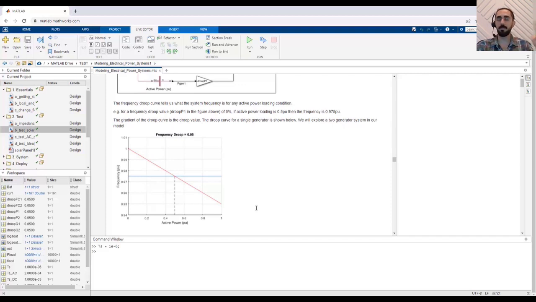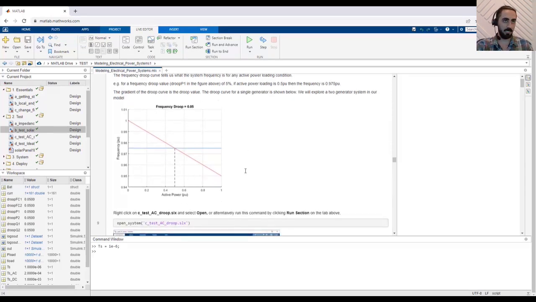The per unit is the normalized value based on the rating of the machine. And we can see it drops 5% based on the droop value we had in the auxiliary branch. If we load the system at 0.5 per unit, or 50% of the system, we would end up seeing that dashed line where it meets that blue constant value.